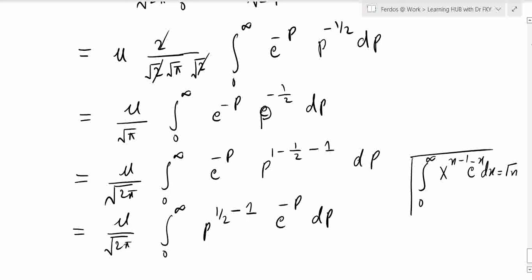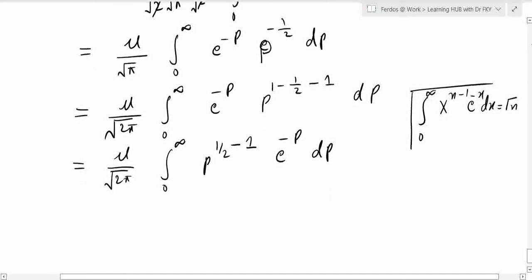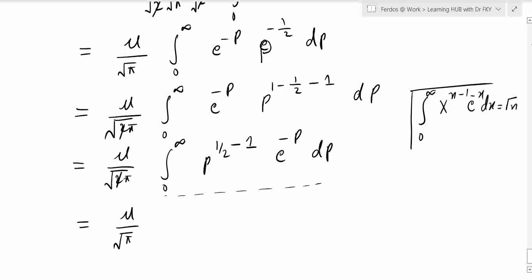I'm using this property, and remember that the 2 is not with this, it is only pi under the square root. So mu divided by the square root of pi, and n is equal to 1 divided by 2, so this is gamma of 1 divided by 2.